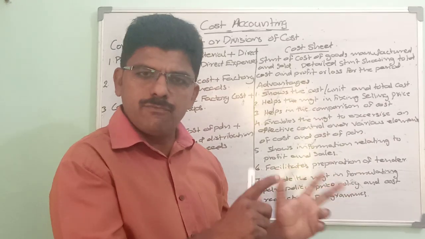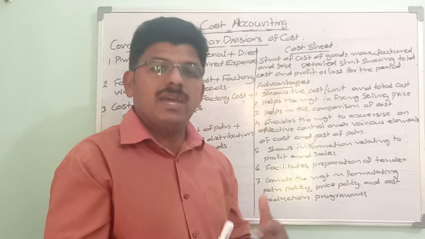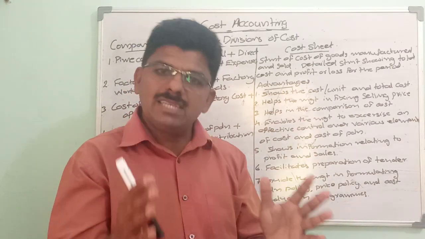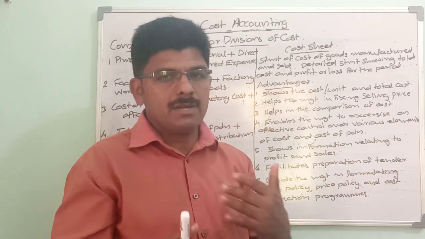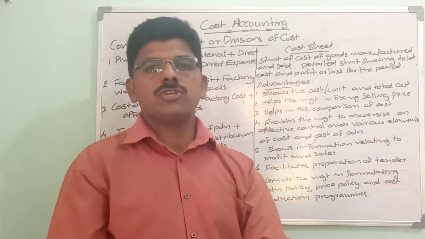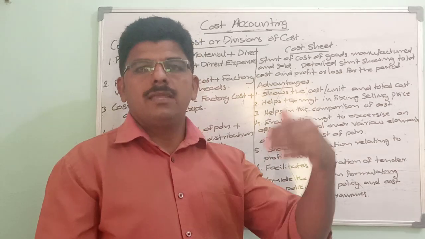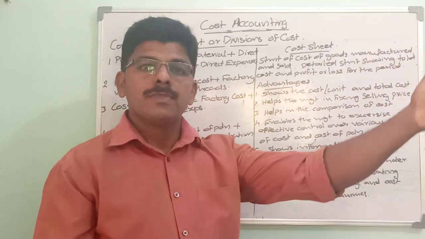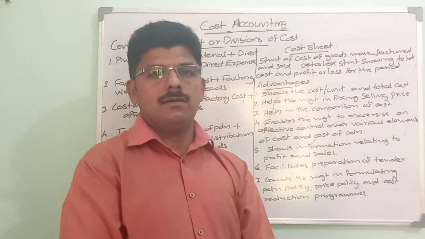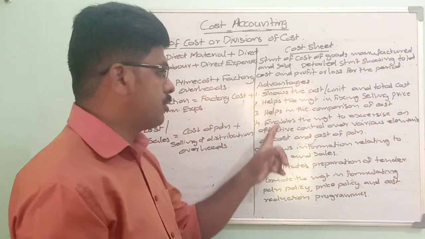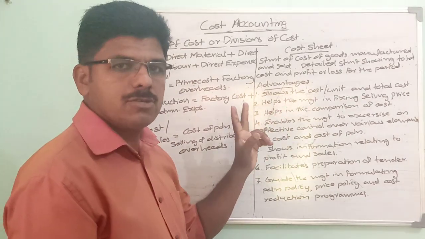We can verify the difference if any variation in data is there. So comparison is possible, and we can take remedial steps, or we can take decisions regarding the inclusion of any additional cost incurred, or any increase or decrease in the cost according to the market rates. Okay, comparison of cost is possible with the help of this cost sheet.